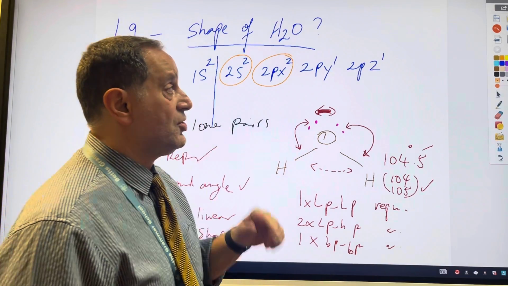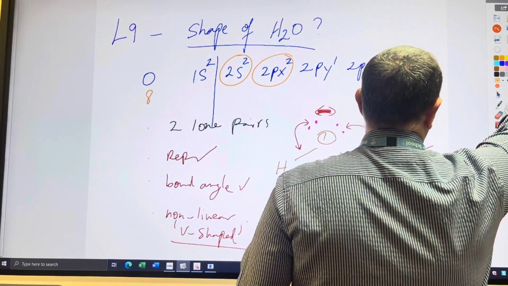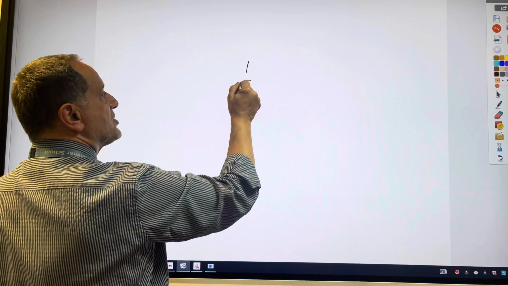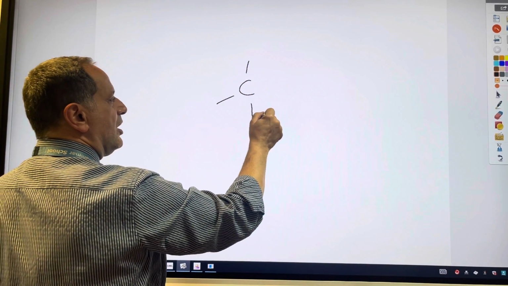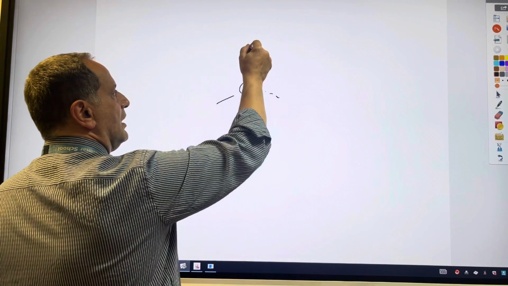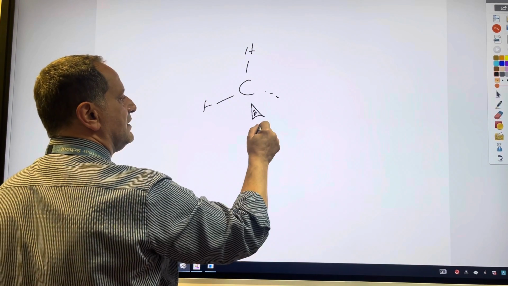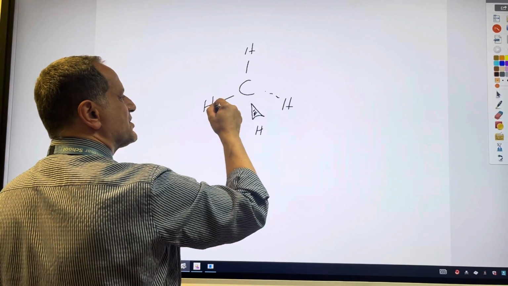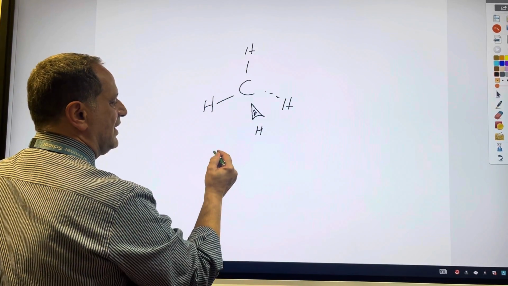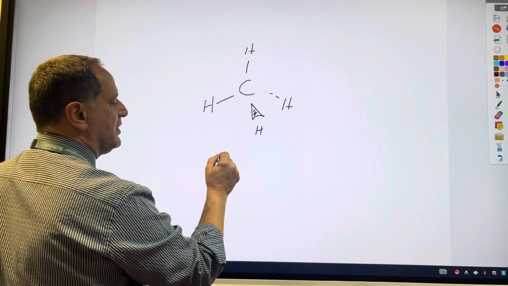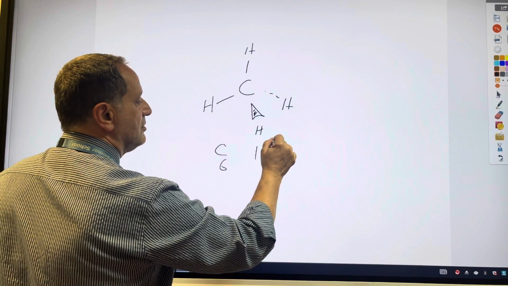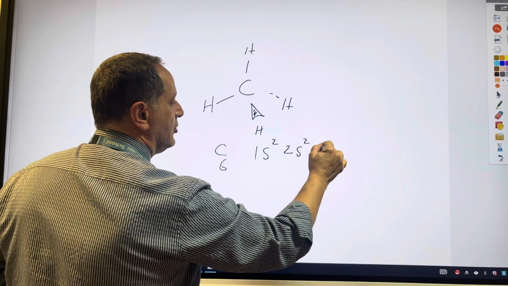To cut the long story short, I think it would also be important to mention our good friend methane, or any saturated hydrocarbon. In methane, carbon does not have any lone pair at all. Carbon is number 6, so do you write 1s2, 2s2, 2p2?